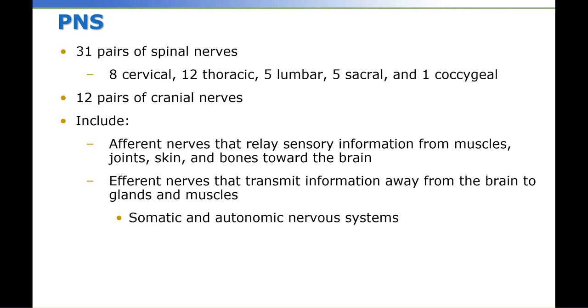Okay, you have the peripheral nervous system. This contains spinal nerves, 31 pairs of spinal nerves: 8 cervical, 12 thoracic, 5 lumbar, 5 sacral, and 1 coccygeal. There are 12 pairs of cranial nerves. They include afferent nerves that relay sensory information from muscles, joints, skin, and bones toward the brain. If it's going toward the brain, it's afferent.